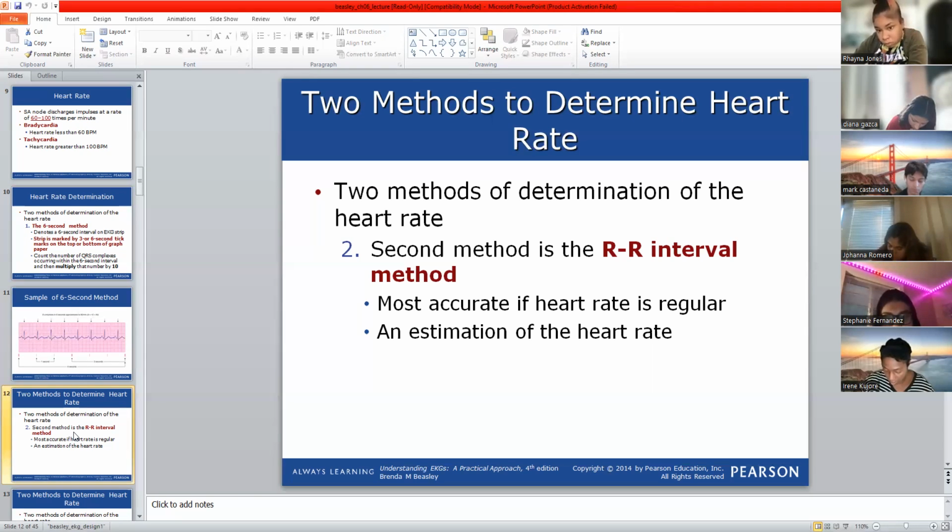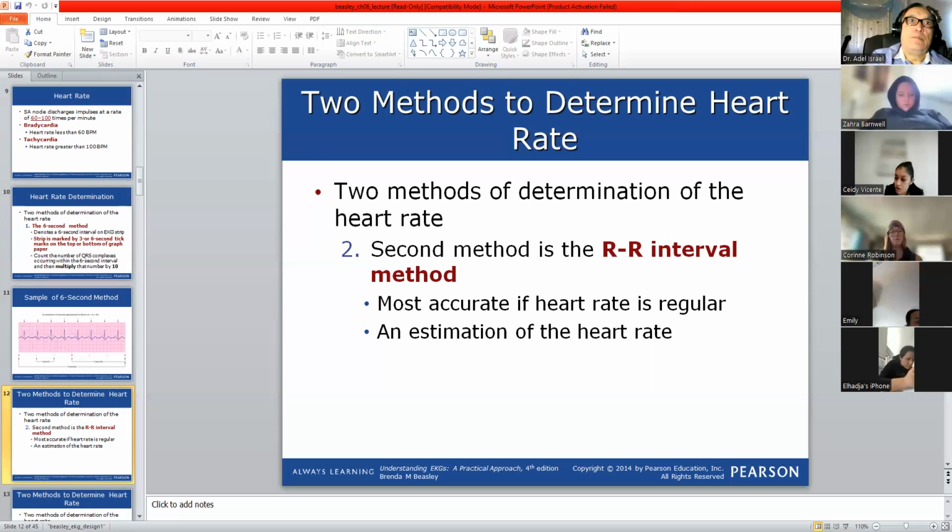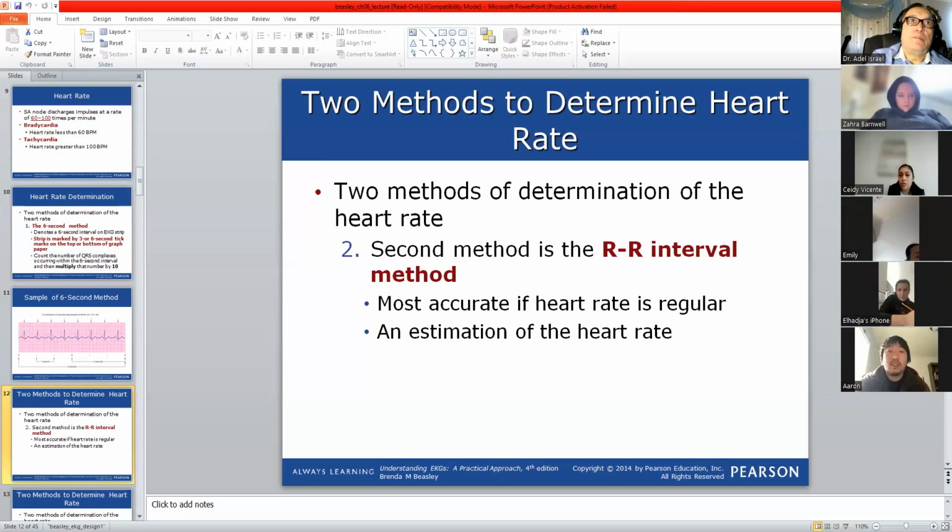Any questions? Yes. Can you repeat that again? Okay, I repeat this again. We have 3 methods to count the heart rate. The one which we learned together at school, we count how many QRS, or roughly speaking R, in 6 seconds, and we multiply by 10.